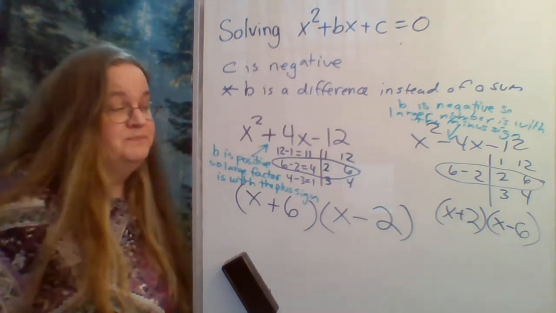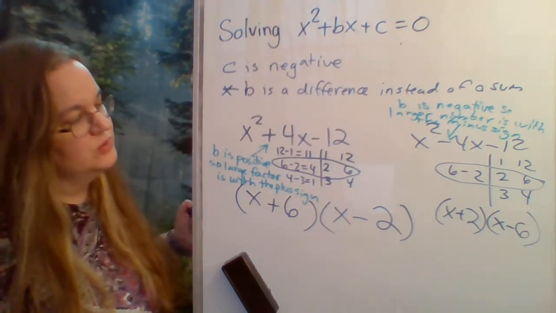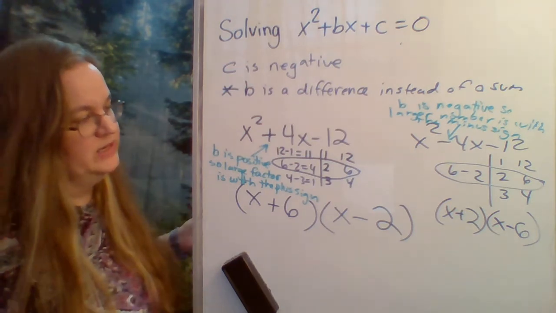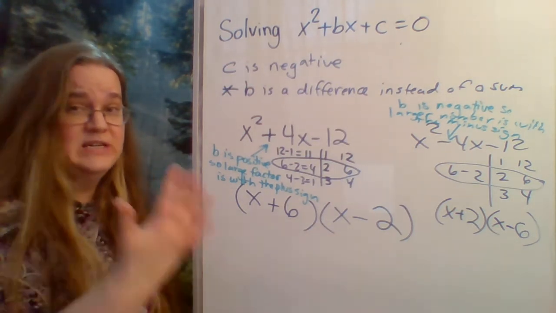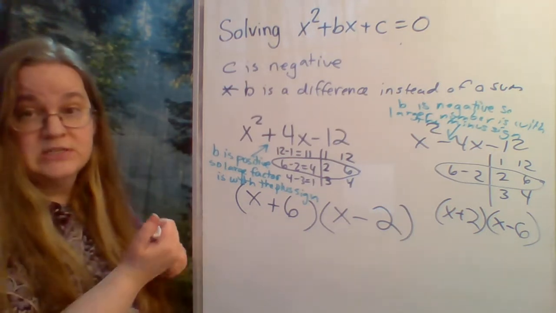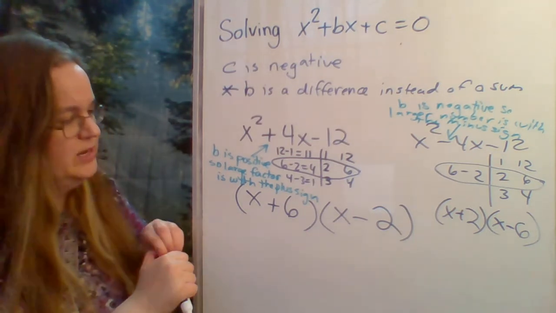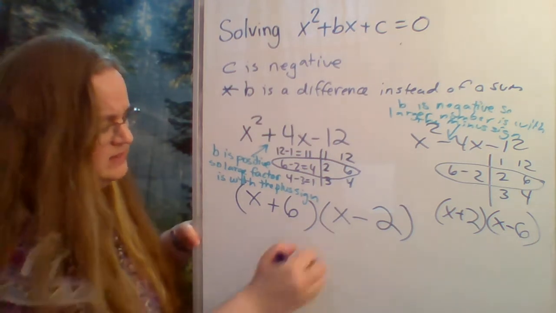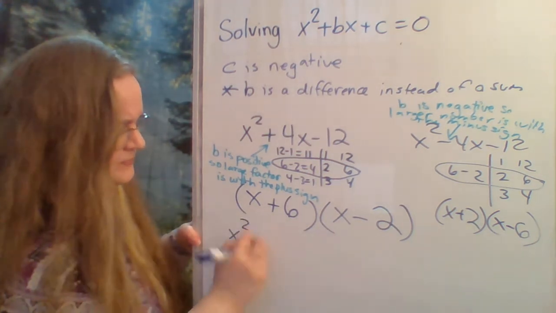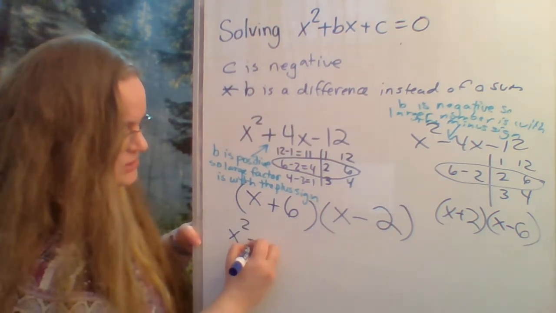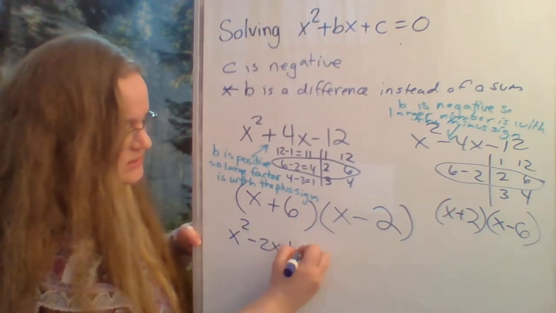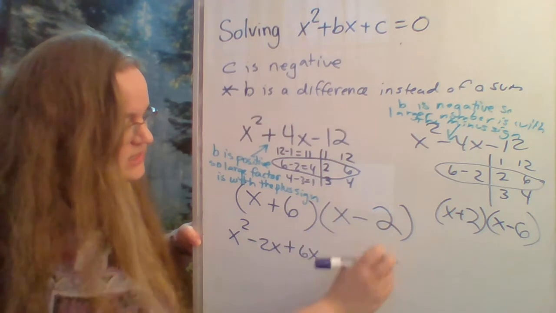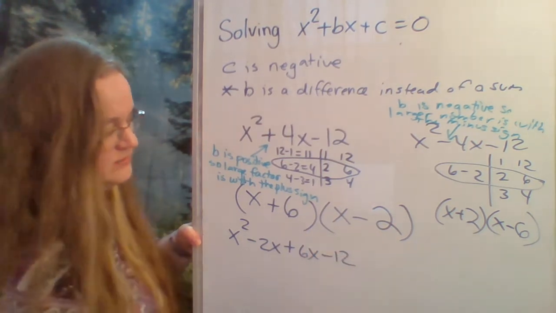Okay. I want to show you why we're doing 1 plus and 1 minus, just taking this and multiplying it back out so that you can see why it's a difference instead of a sum when I think about it this way. X times x is x squared. X times minus 2 is minus 2x. 6 times x is 6x. And then 6 times minus 2 is minus 12.